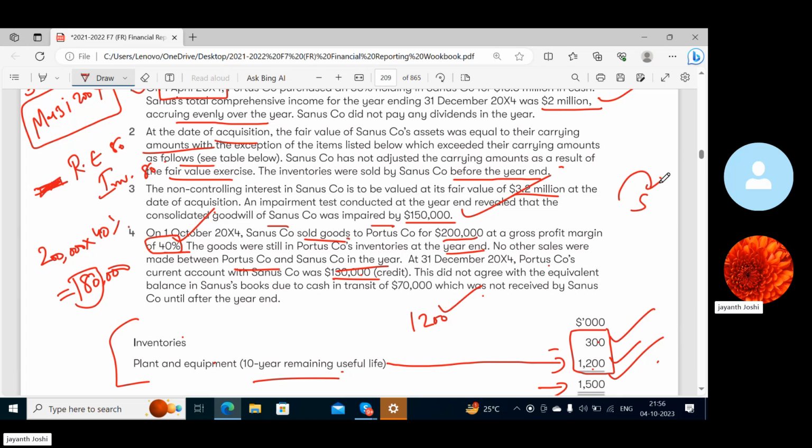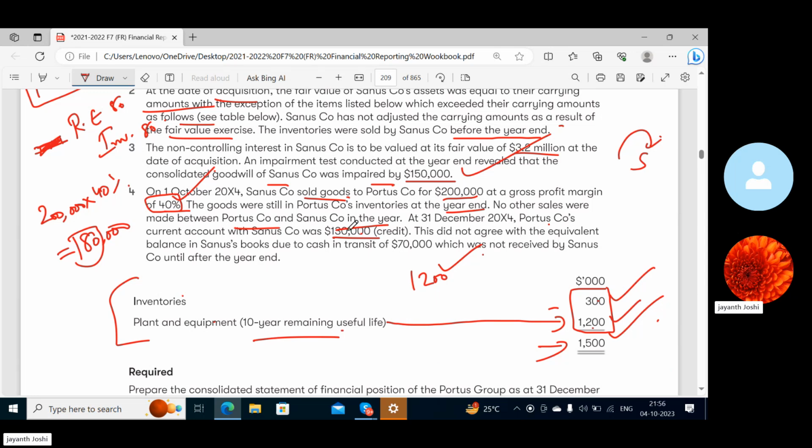Why? Because when consolidation is done, it is considered one company itself, right? There's no point in assuming them as two separate companies. When they were two separate companies, receivables and payables were shown in their books. Now no receivable, no payable, because it's one company now.